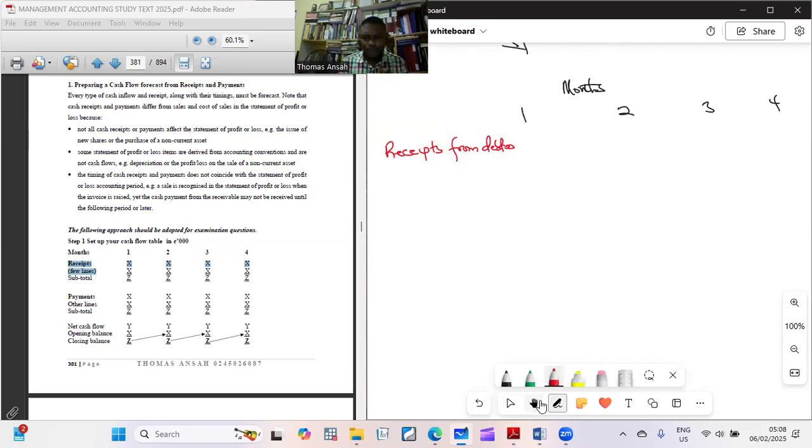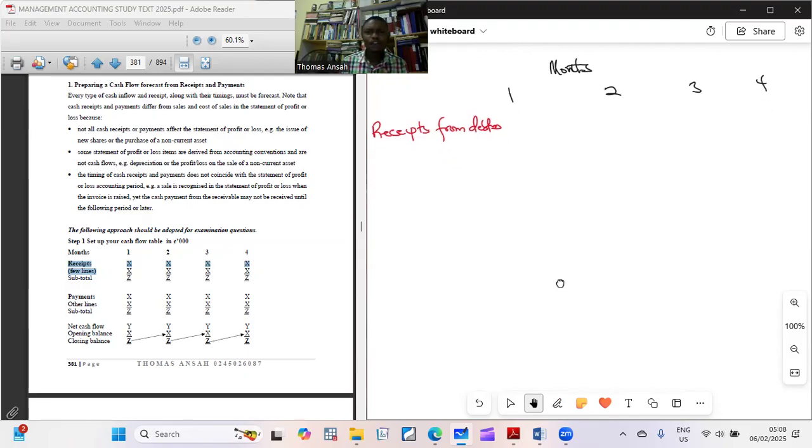Apart from the receipts from debtors, you may have some other receipts. When you are doing your receipt schedule, let me give you a simple sample of it. There are certain things you need to watch out for.